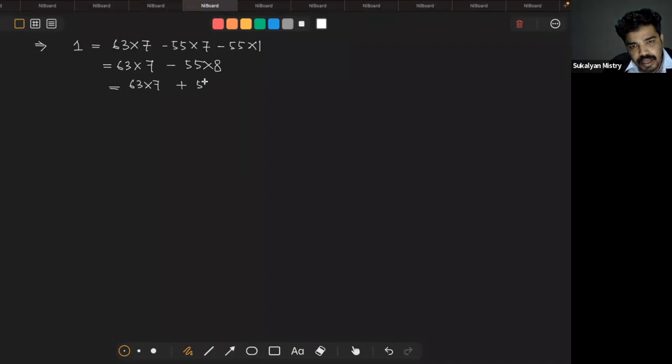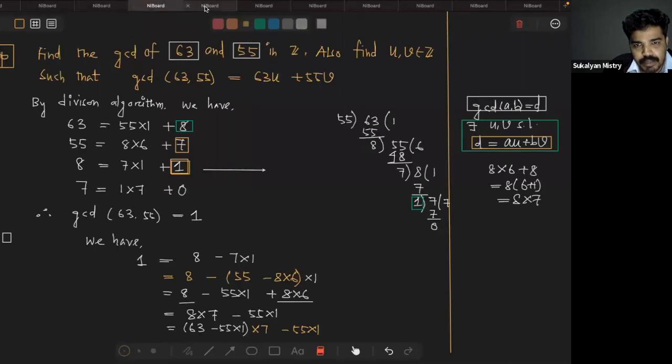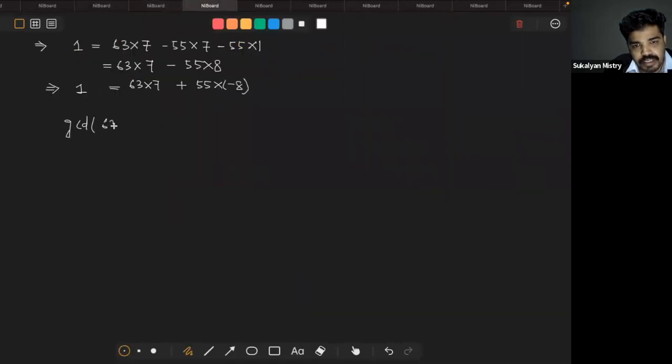plus 55 into minus 8. So ultimately 1 is equal to this. Look, what is the relation given? It is given that GCD of 63 and 55 is equal to 63u plus 55v. That means the value of u will be 7 and the value of v will be minus 8.